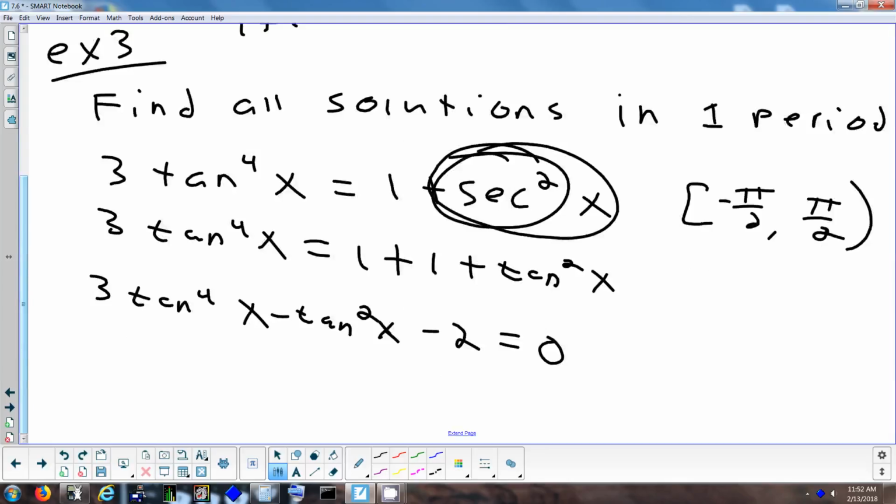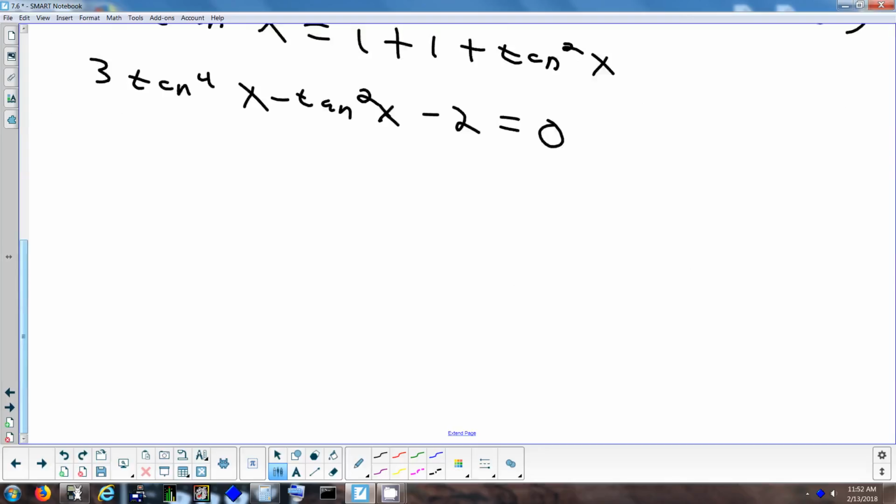Any questions up to that step? Okay, from here, this one is going to be factorable. I know we've kind of been getting used to doing it without the algebra, but let me write it like this. Let's factor that first. And if you can factor that, that's exactly the same as what's up above.